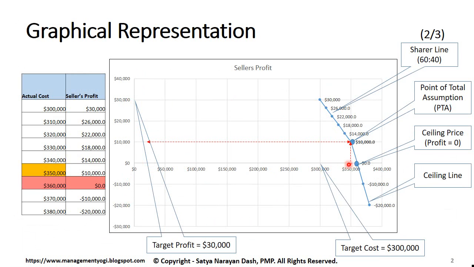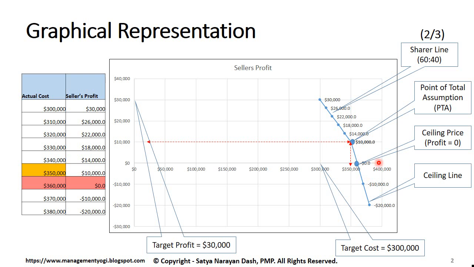As we go on to $350,000, here the profit margin is $10,000, right? Beyond PTA, this is your PTA cost, this is the profit. Beyond PTA, at this point, at $360,000, the profit is 0. At $370,000, the loss is coming up at $10,000, minus $10,000.